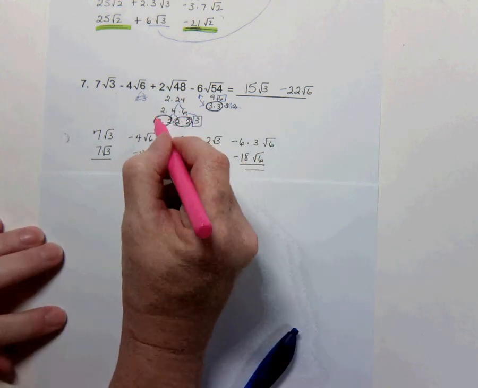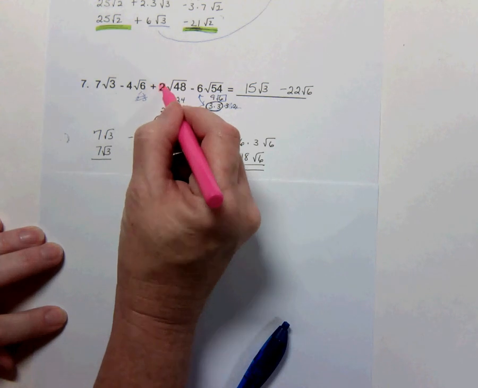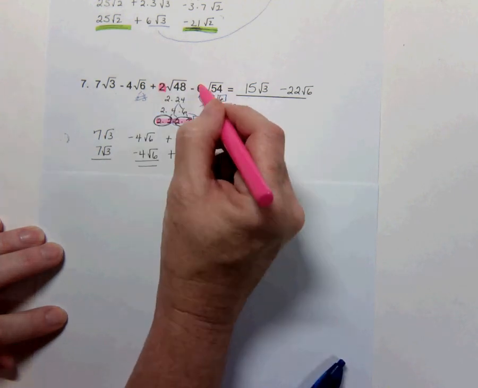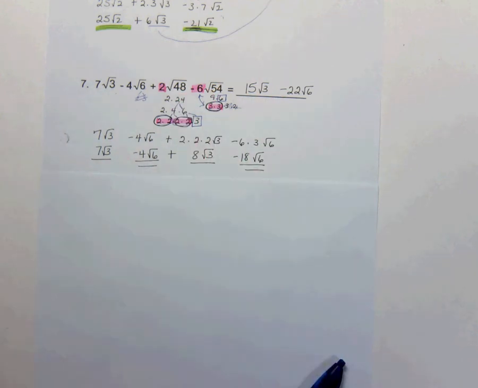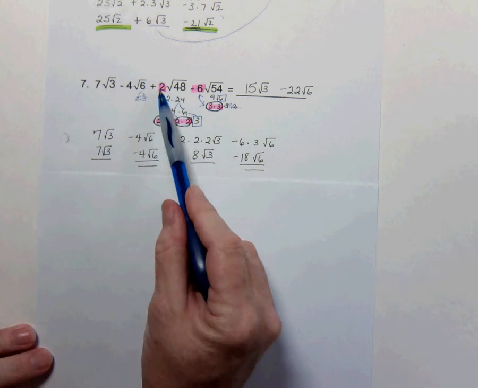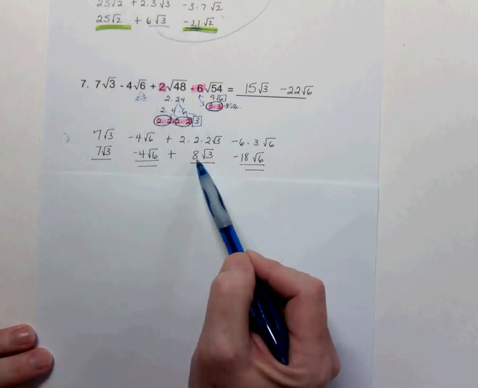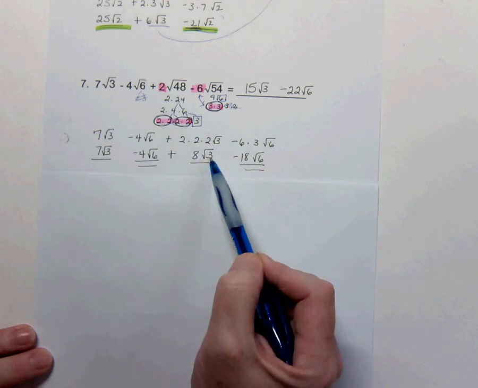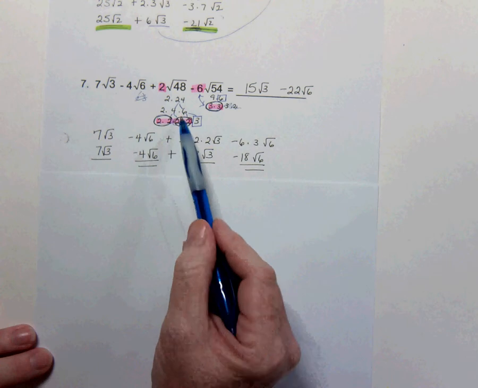This is all going to be 2 sets of 2 is 4. 4 times 2, this is 3 times a negative 6. So you got to make sure that you're multiplying what I've highlighted in pink here. So this is 4 times 2, which is 8 square roots of 3. This stays, that one's factored.